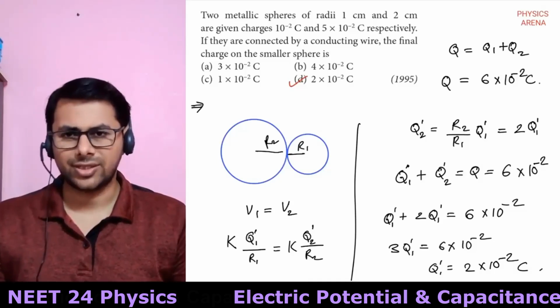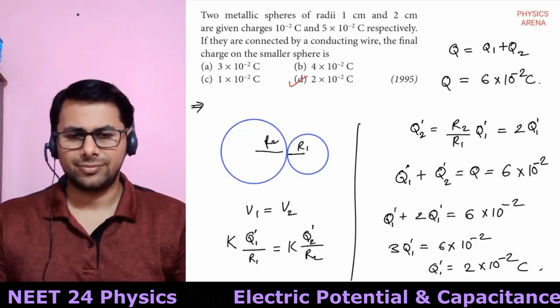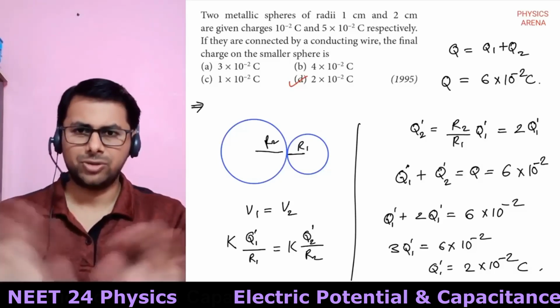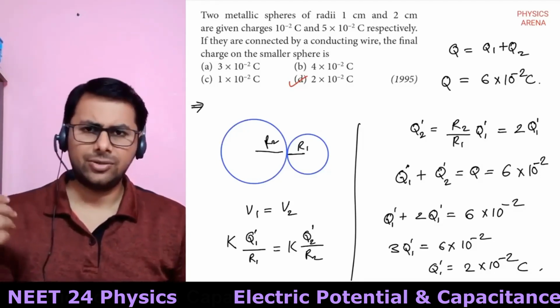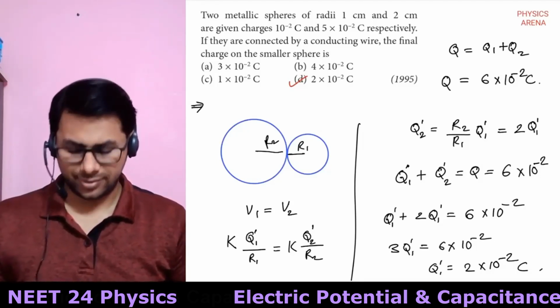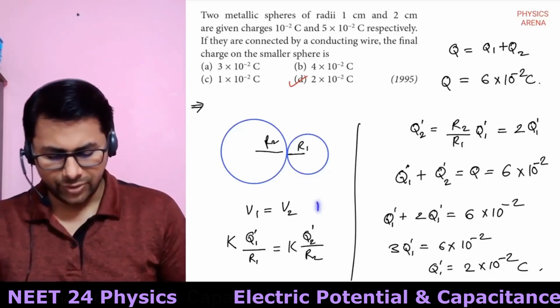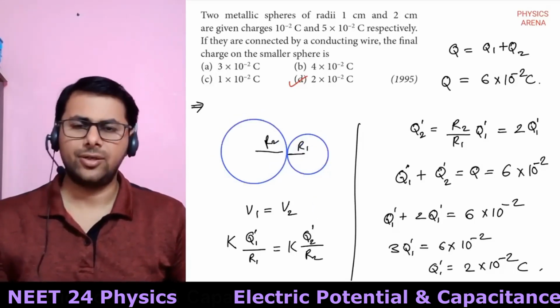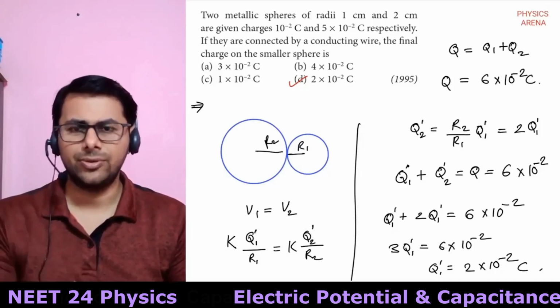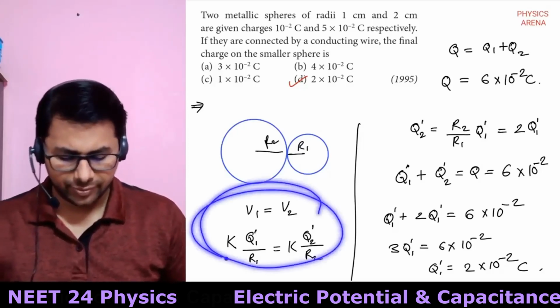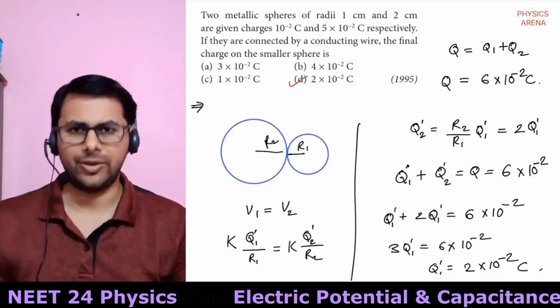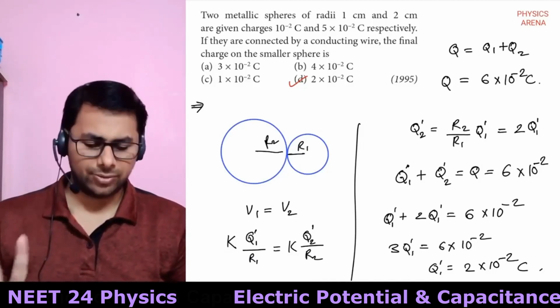We solved a similar question yesterday. Remember, there were two spheres having two surface charge densities. So what is the key thing when you connect two conductors? Till what time will the charge flow? Till the time the potential becomes equal. So there are two things to be remembered.